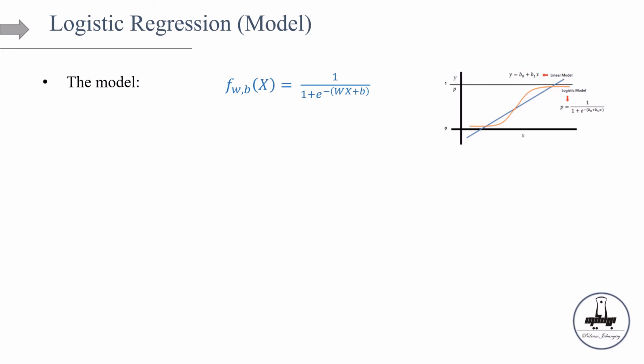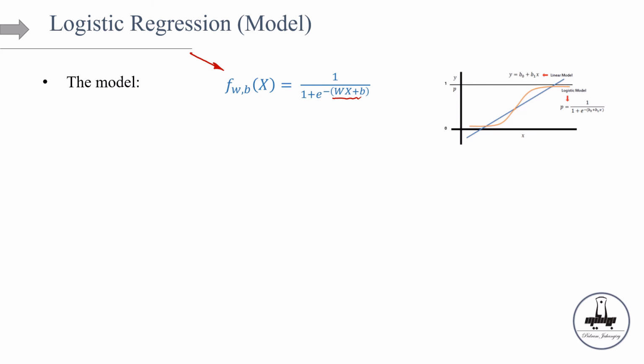Now let's see why we call it the logistic regression model. Well, here's the model, right? And in machine learning language, let's write it as f of w and b of x, and it's equal to 1 divided by 1 plus e to the power of minus z. So this z is our right-hand side equation, which is wx plus b.